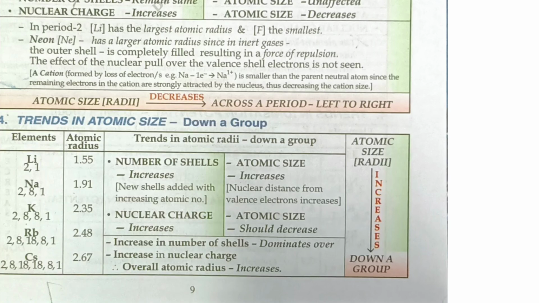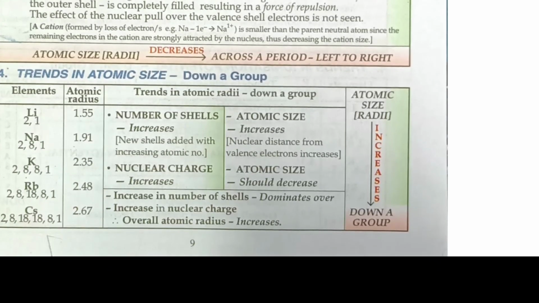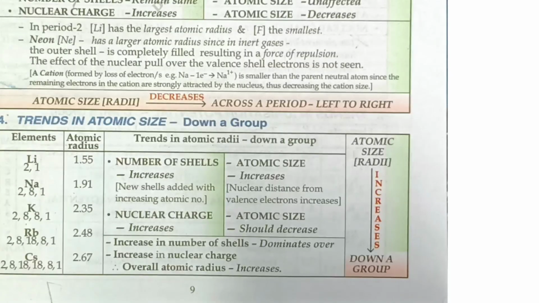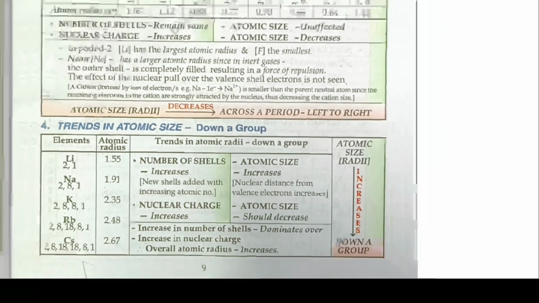But here what happens is that the number of shells factor is more prominent than the nuclear charge factor, and therefore that factor predominates, and atomic size increases down the group.